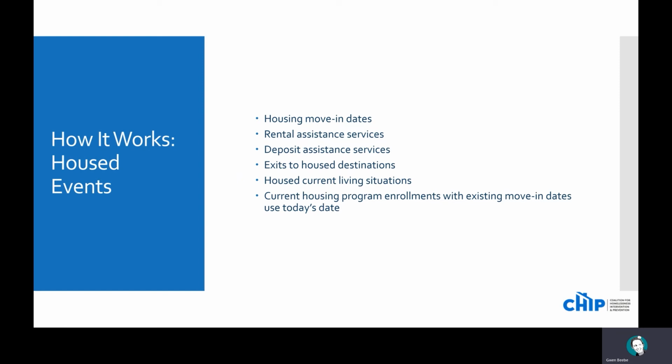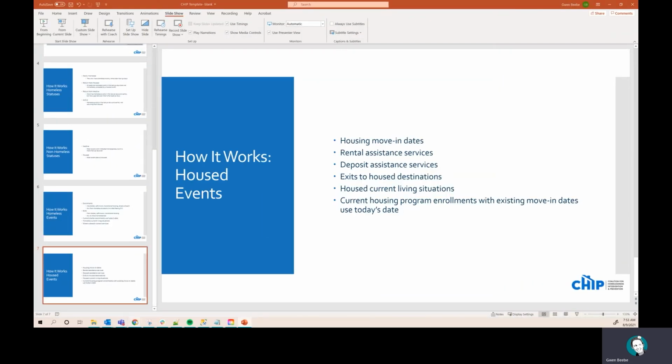If you exit any kind of program to a housed destination, that counts. We know they were housed. If we have a current living situation that says they're housed, we'll pull that in. And just like we're pulling in current shelter enrollments for homelessness, we'll pull in current housing program enrollments with move-in dates for housed. So let's take a look at how this works in action.